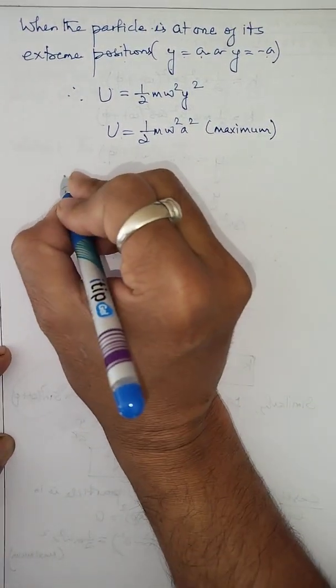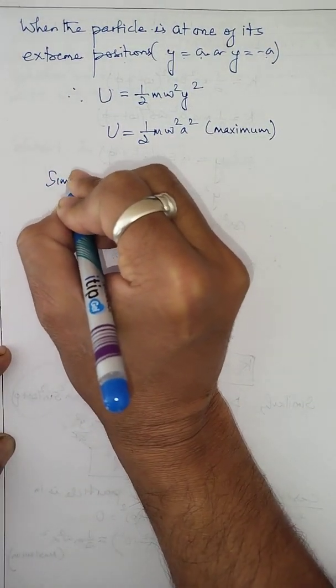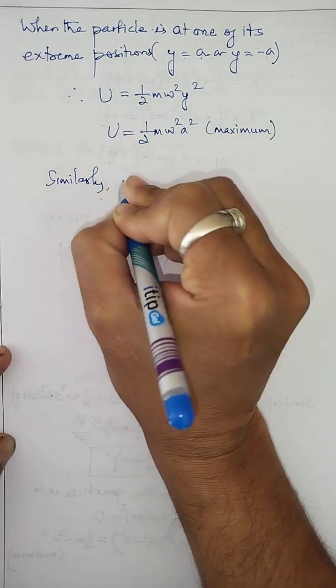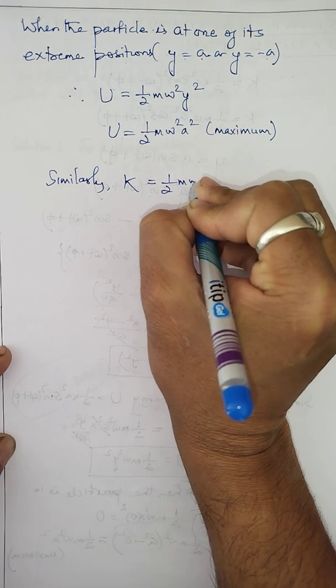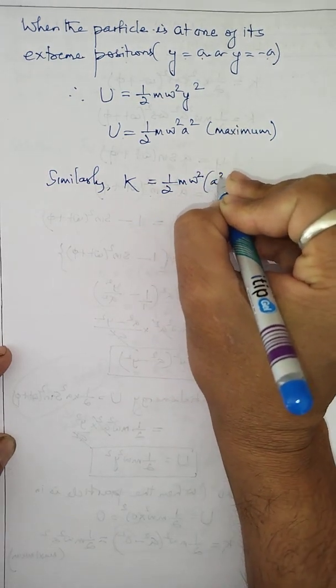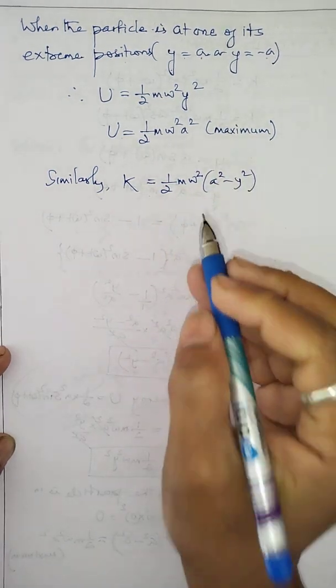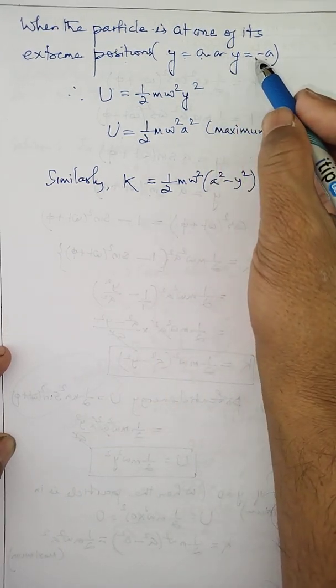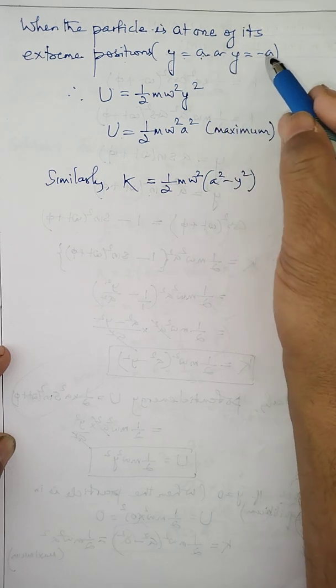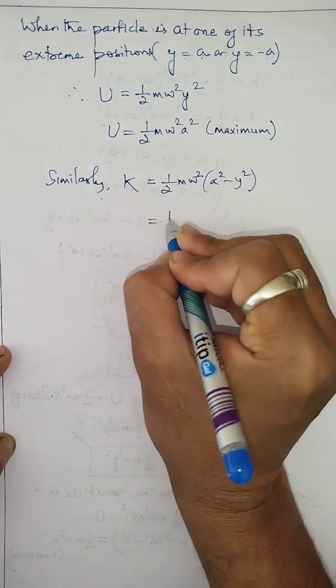Similarly, I calculate the kinetic energy. Your kinetic energy expression is K equals half m omega square times a square minus y square. This is the formula that we have derived. Now let me substitute y as a or minus a. Here also, the square is there, so it will be a square only.